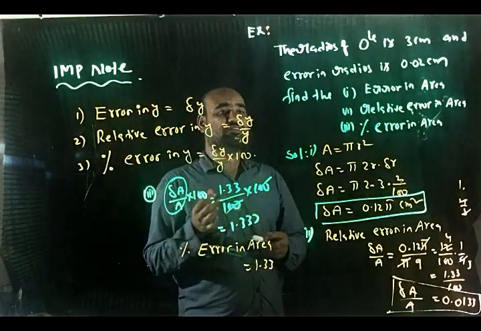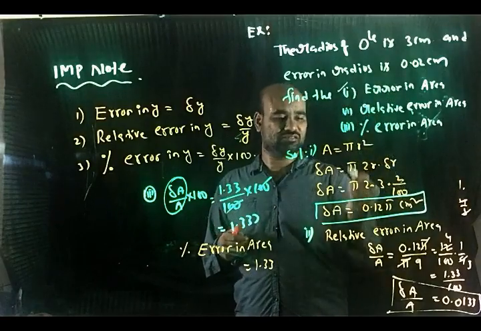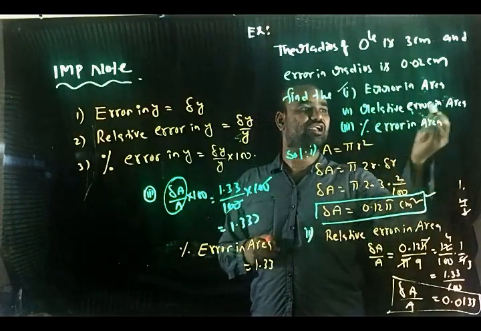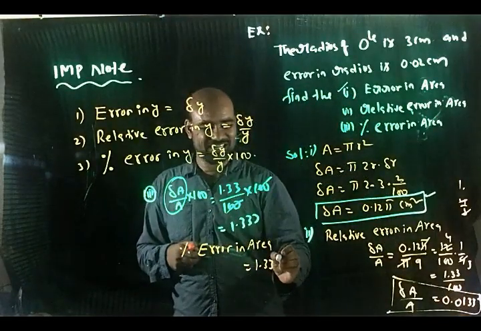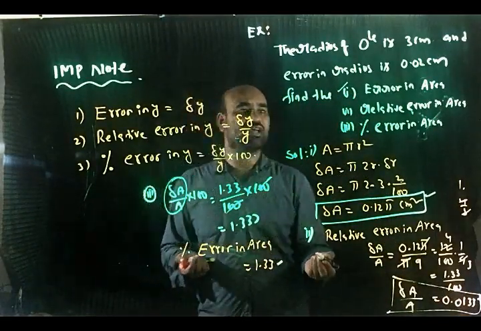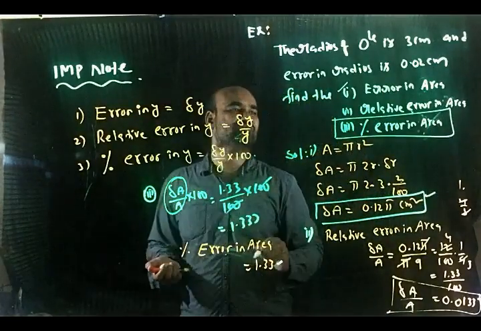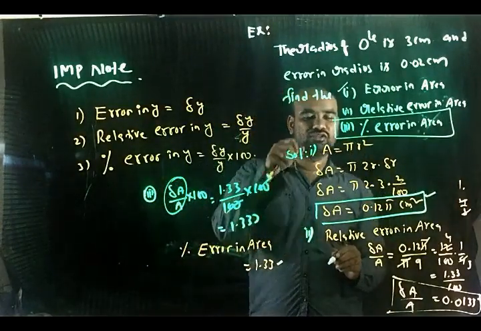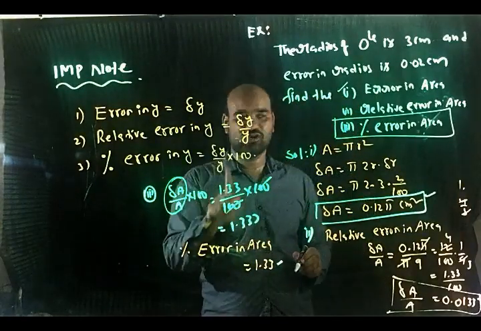So here in this problem, relative error in area and percentage error in area. For any problem, if directly you want to find percentage error in area, what should we do? We need to find delta A by A into 100, then we will get it.